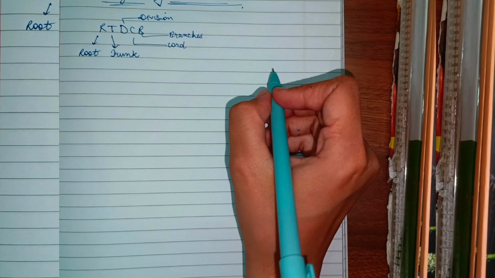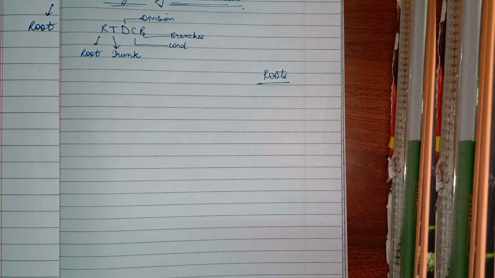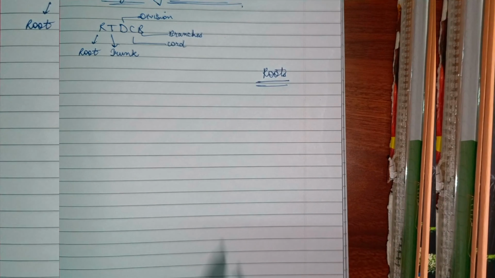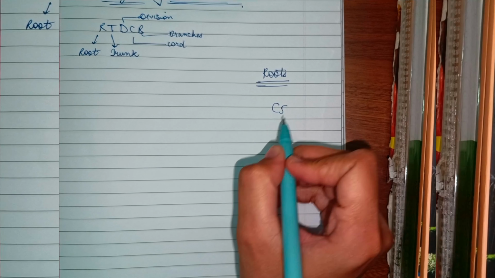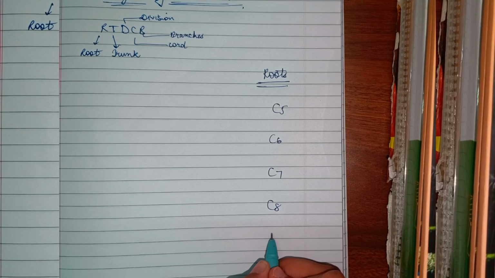So let's start making roots. As I told earlier, roots consist of anterior primary rami of C5 to C8 and T1 nerves. So let's make C5, C6, C7, C8 and T1.